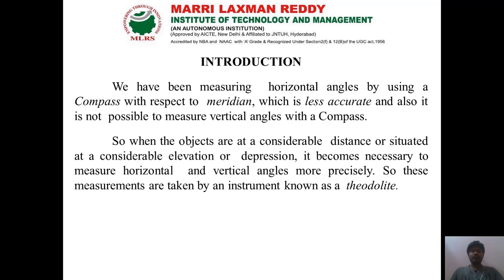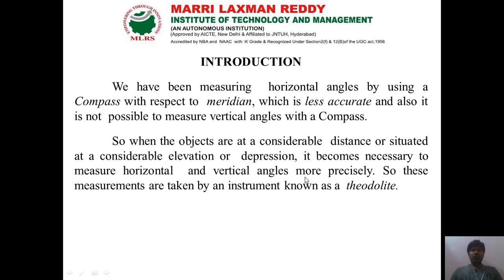So wherever we can't use a compass for measuring the horizontal or vertical angle, and in order to measure the distance, that time we have to use the theodolite as an instrument with which we can get the horizontal angle, vertical angle, as well as the distance between the points with the help of some indirect method of calculations.